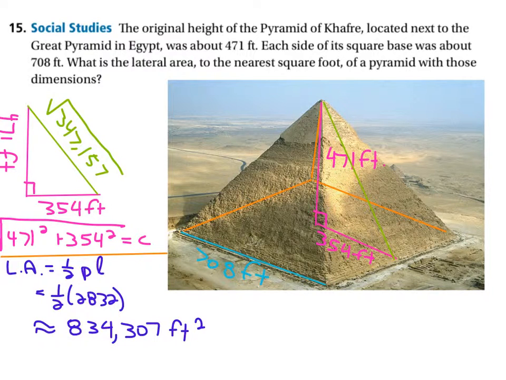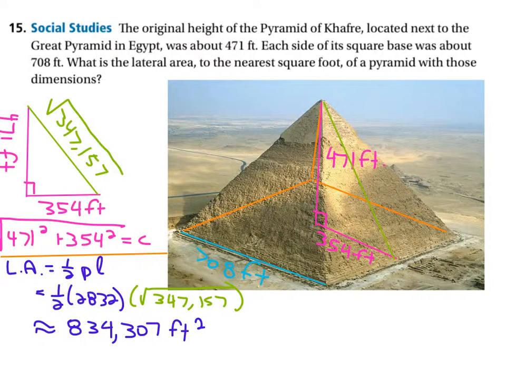Okay, so we're going to use that here as our slant height, times the square root of 347,157.